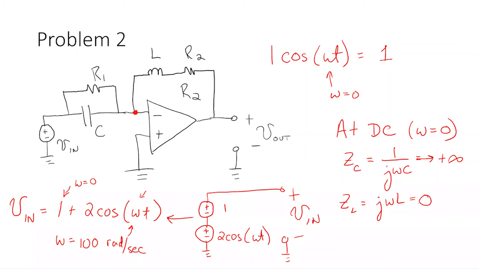A component of a circuit with 0 impedance is like a resistor with 0 resistance. So this is a short circuit. And this one is what?